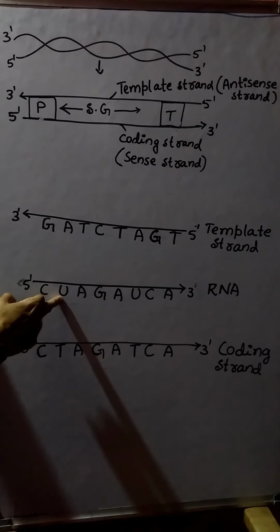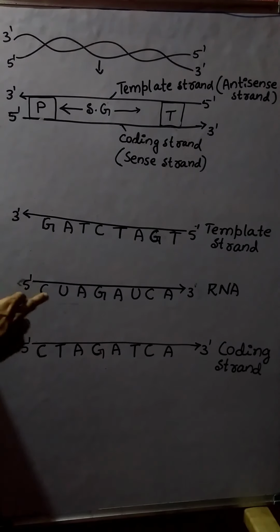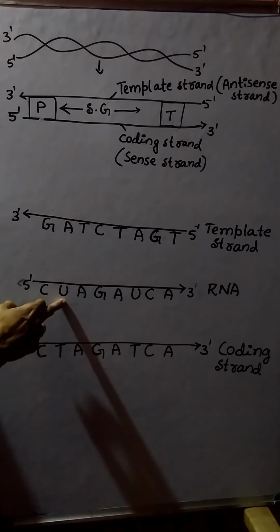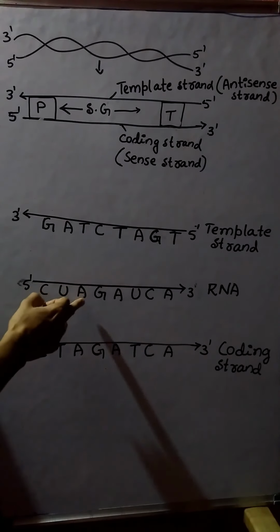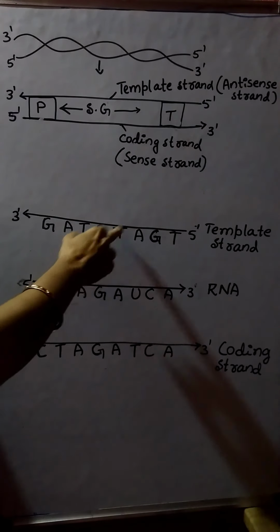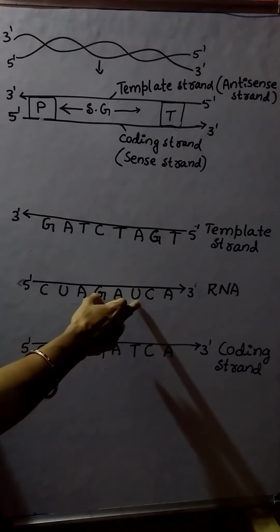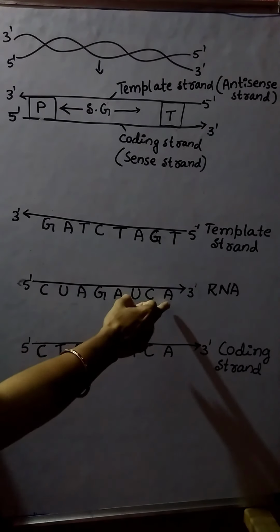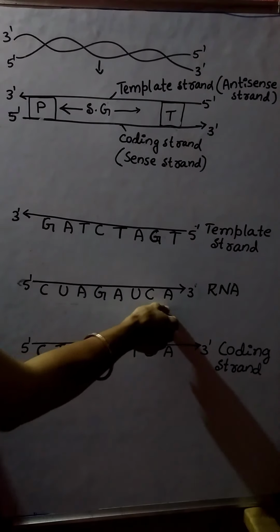In case of RNA, instead of thymine, uracil is present. That means in case of DNA, thymine is present, that pairs with adenine. Cytosine pairs with guanine. Thymine pairs with adenine. Adenine pairs with uracil in case of RNA. And here guanine pairs with cytosine, thymine pairs with adenine. That means this is the base sequence of RNA.